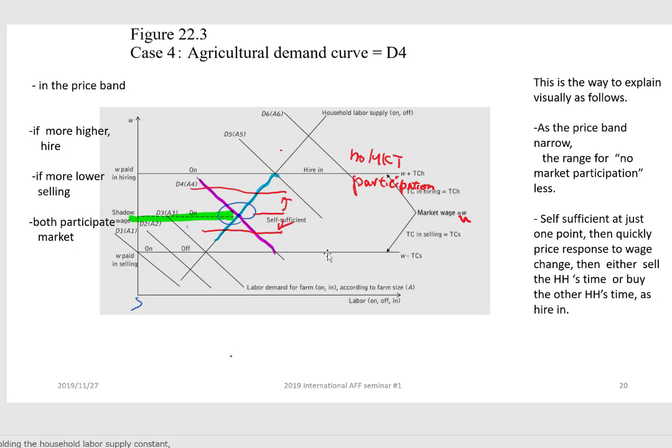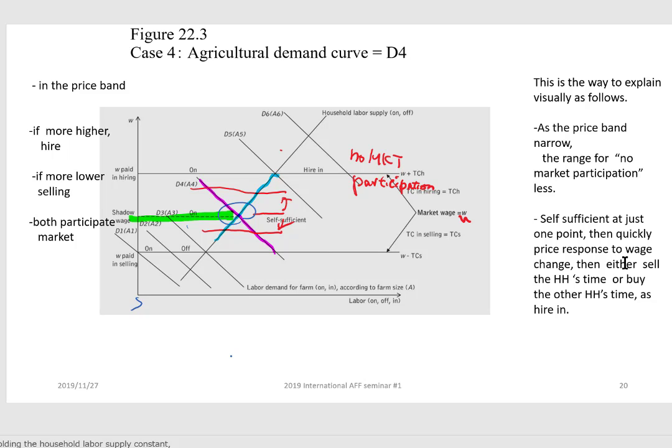Then as the price goes up or down, the household decision can respond quickly to wage change, and we can observe either selling the household time or buying other household time.